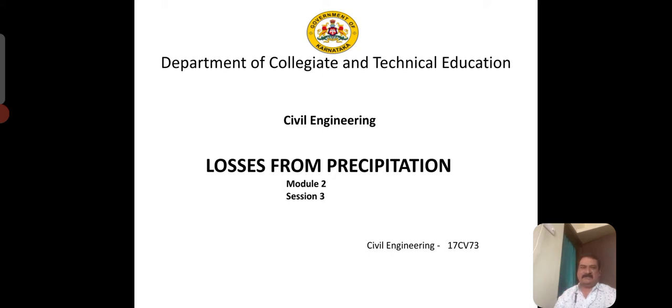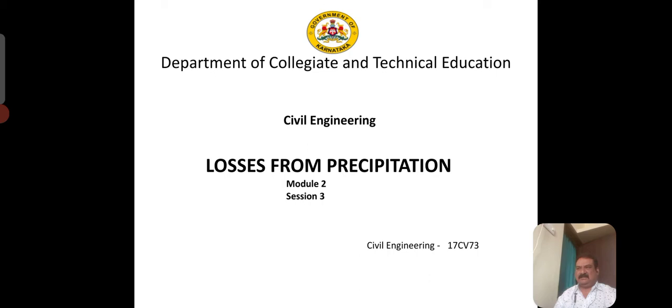Then after that we have seen why this measurement of evaporation is necessary: to ensure the proper planning and operation of reservoirs and irrigation systems, estimation of evaporation is necessary.